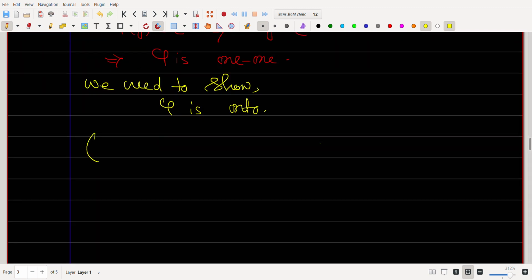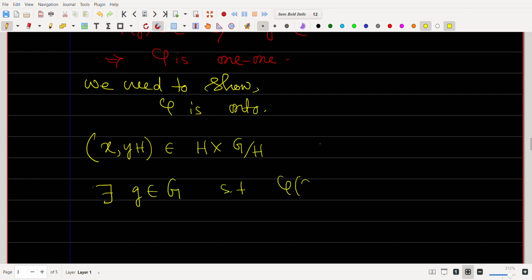So let x comma yH belong to H cross G mod H. Now we need to show that there exists g belonging to capital G such that phi of g equal to x comma yH.